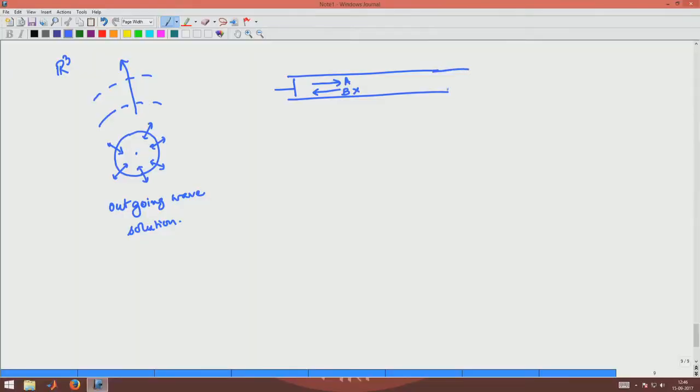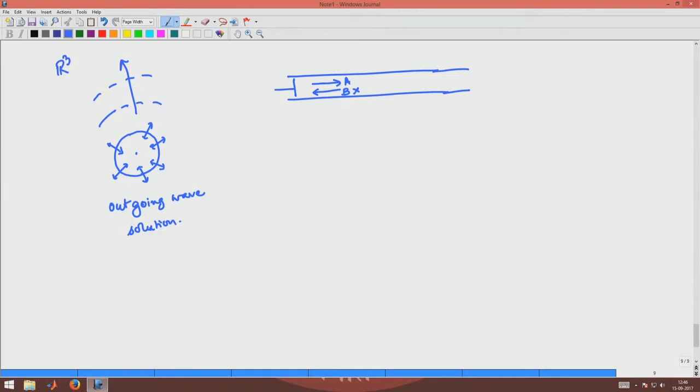Once the duct got bounded, we understood that there is an incoming wave which will get reflected because of the incident wave, and you will see a leftward or backward travelling wave. But if the duct were infinite, then this B wave does not arise.